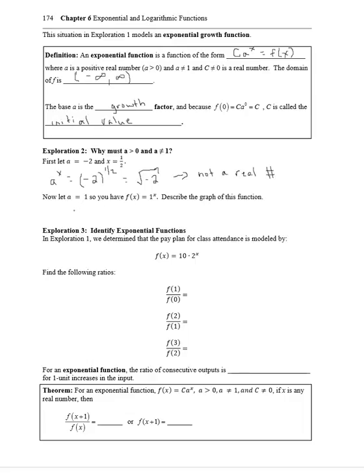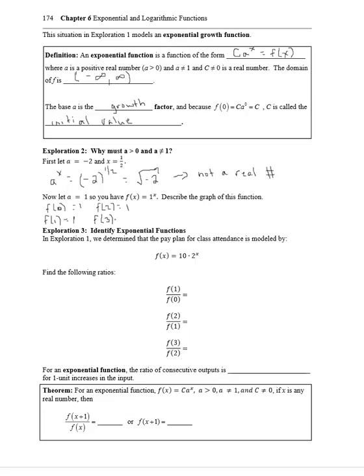Okay, what happens if a is 1? Well, what happens? If a is 1, f of 0 is 1. F of 1 is 1 to the 1, which is 1. F of 2 is 1 squared, which is 1.